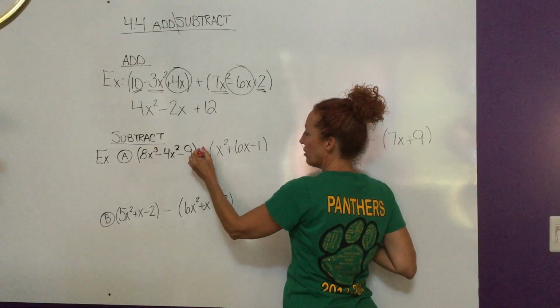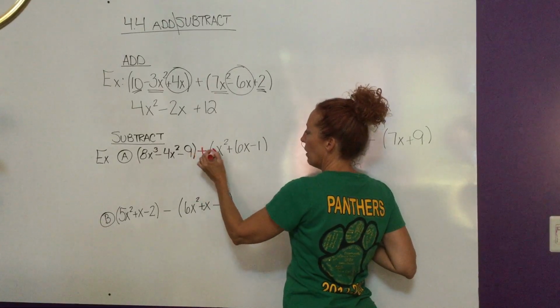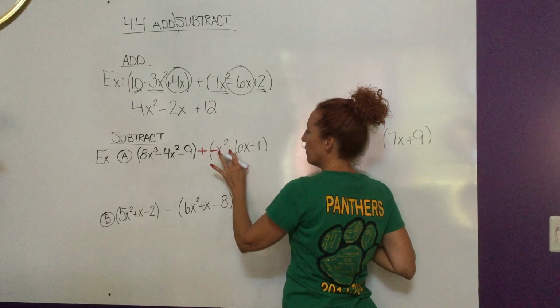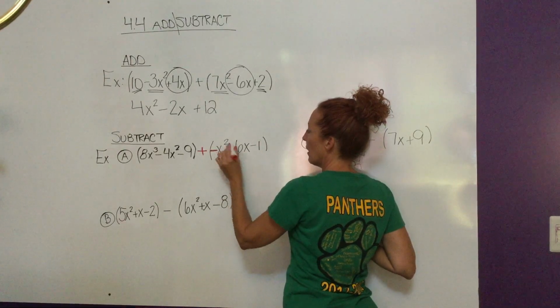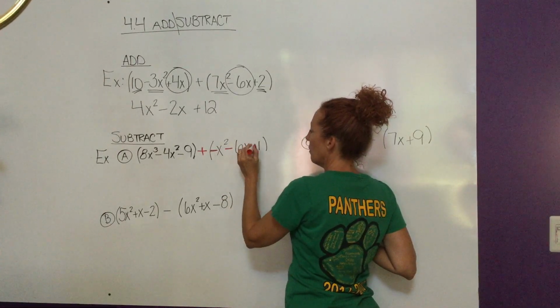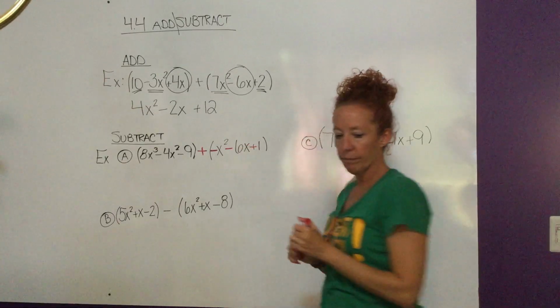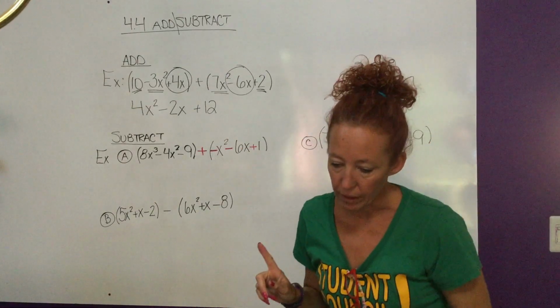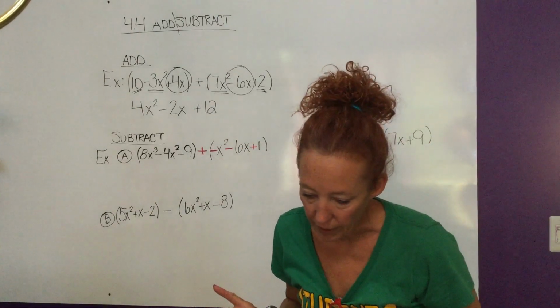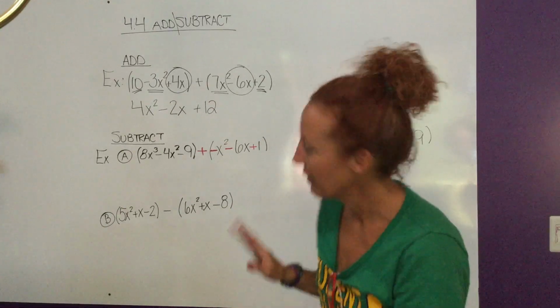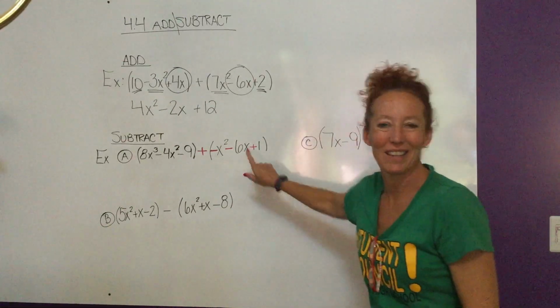So this is going to change to a positive, and this is going to go negative, negative, positive. Let me double check that I wrote that the way I think I did here. Yeah, I forgot which one that started off being.